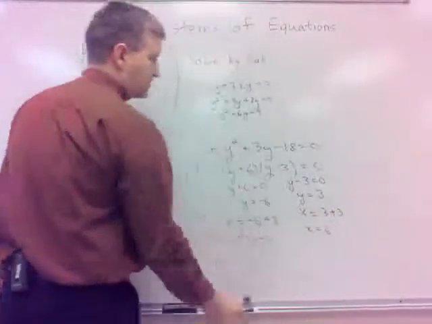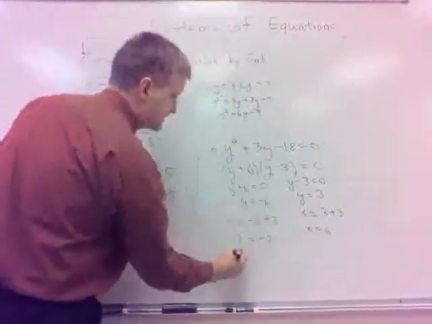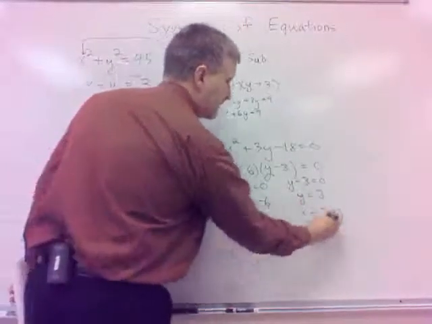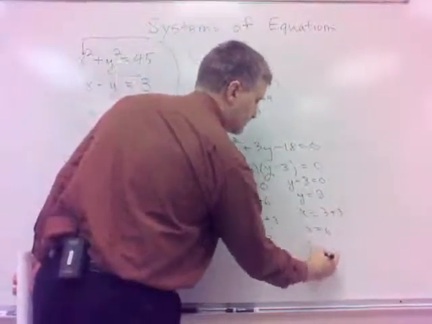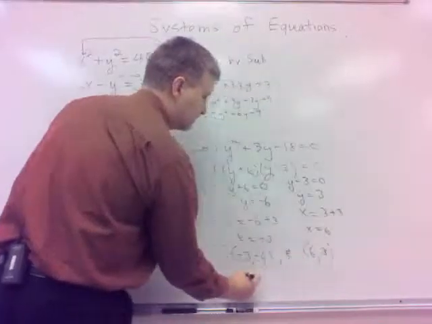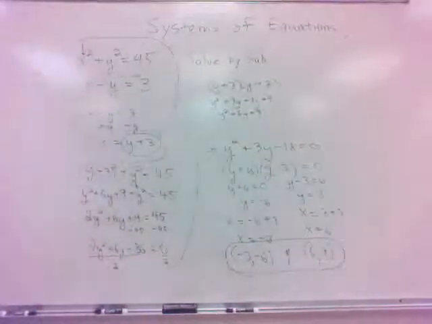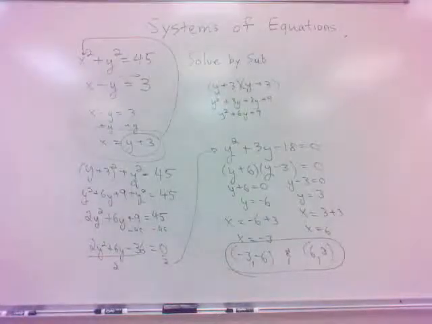So here I just get 2 answers. Negative 6 for y, so it'll be negative 3, negative 6, and this one will be 6, comma 3. Question or any concern? Do that okay?